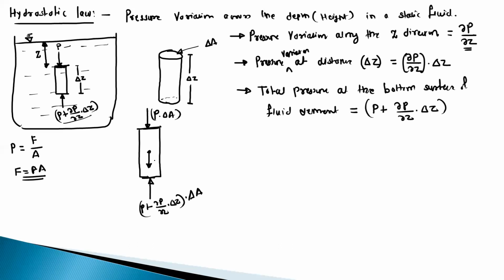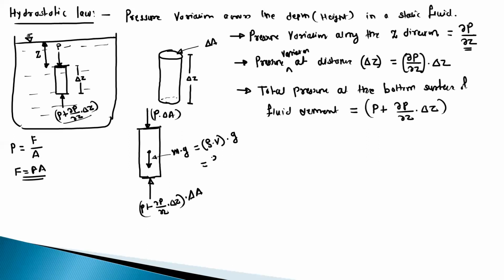This weight is equal to mass of the fluid element into gravity G. The mass is density into volume, because density is equal to mass upon volume. So weight is density times volume into G.